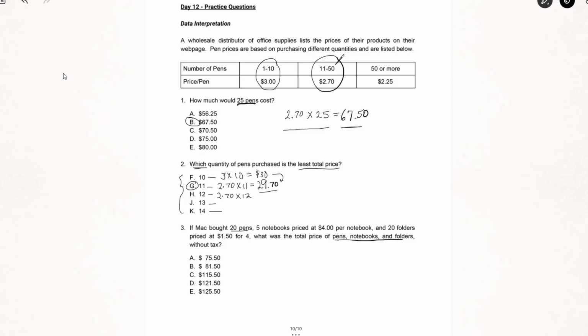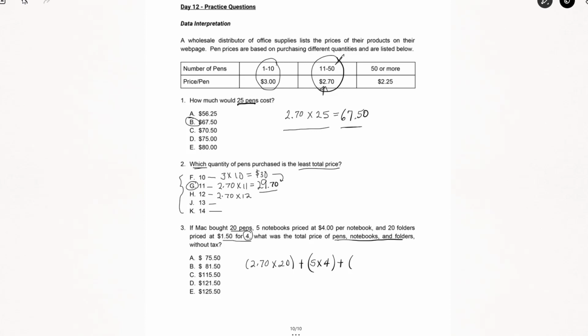In the 20 pen range, we're looking at $2.70 per pen. So we're going to take $2.70, multiply that by 20, plus 5 notebooks at $4 per notebook, so 5 times 4, plus 20 folders priced at $1.50 for 4.